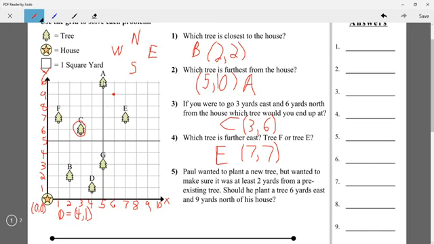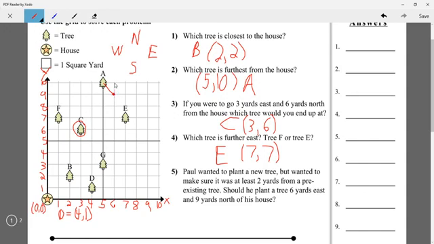I can tell you right now, A is 1 yard away, because each of these are squares, and I know each square is 1 square yard, so that means that the length is a yard, the width is a yard, and also across is a yard in a square.